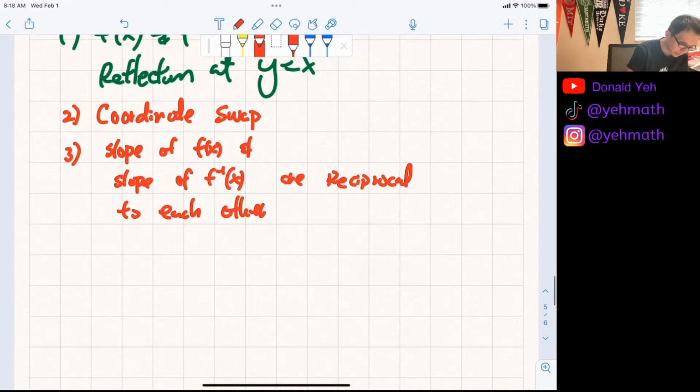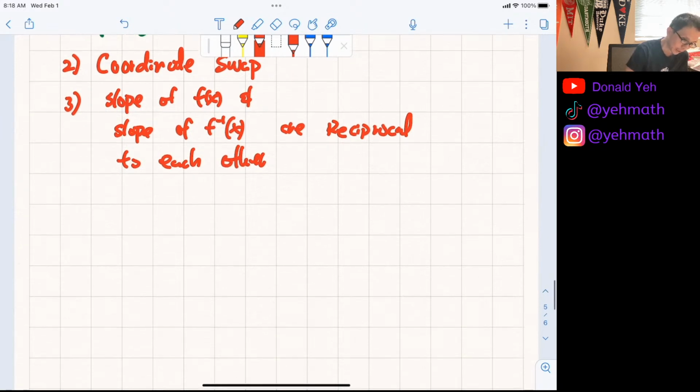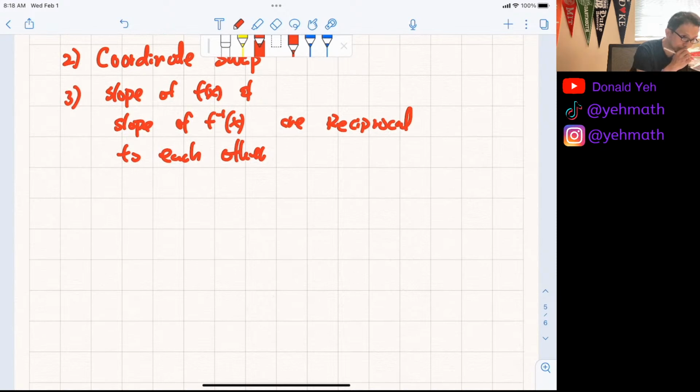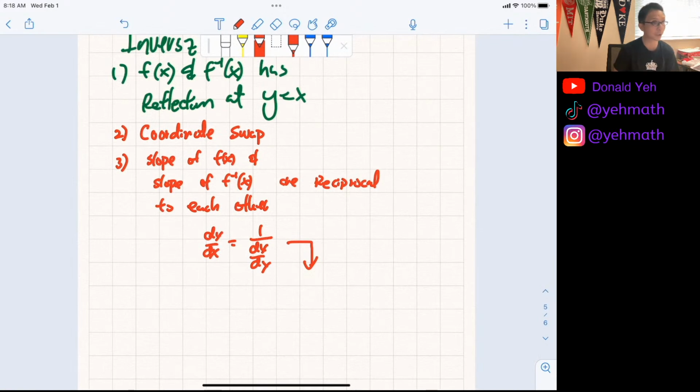That result is the relationship between the two: dy dx is equal to 1 over dx dy. Now, if you don't understand that, no big deal. I'm going to give you better things to think about later, and we're going to talk about it. But just reciprocal to each other.